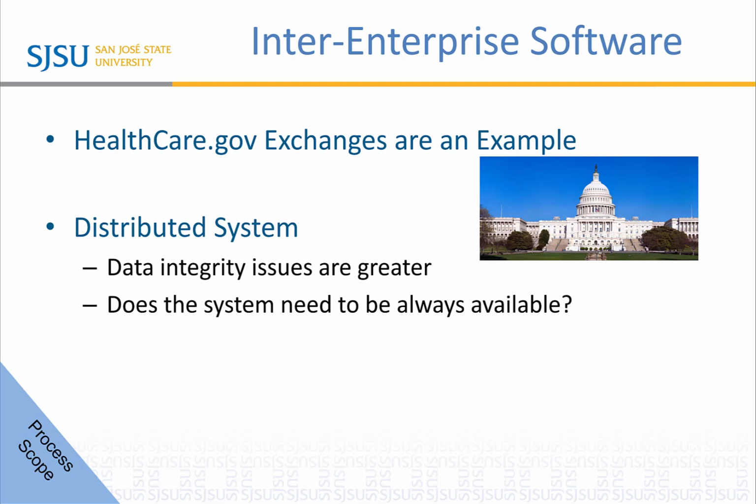These cross organizational boundaries, such as if you think about healthcare.gov, it not only includes different agencies within the government, such as Treasury or Health Services, but it also includes the insurance companies, which are external entities. These large systems are distributed, and data integrity issues are even greater.